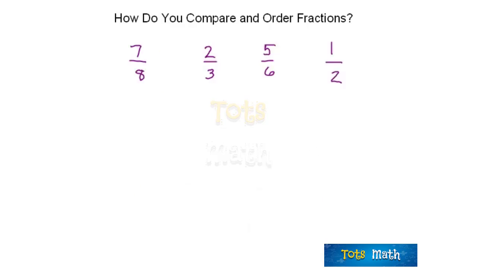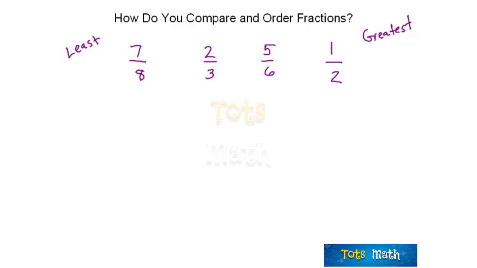This time we're going to compare 4 fractions. The fractions are 7/8, 2/3, 5/6, and 1/2. Then we're going to order them from least to greatest. So you'll notice that all of our denominators are different.